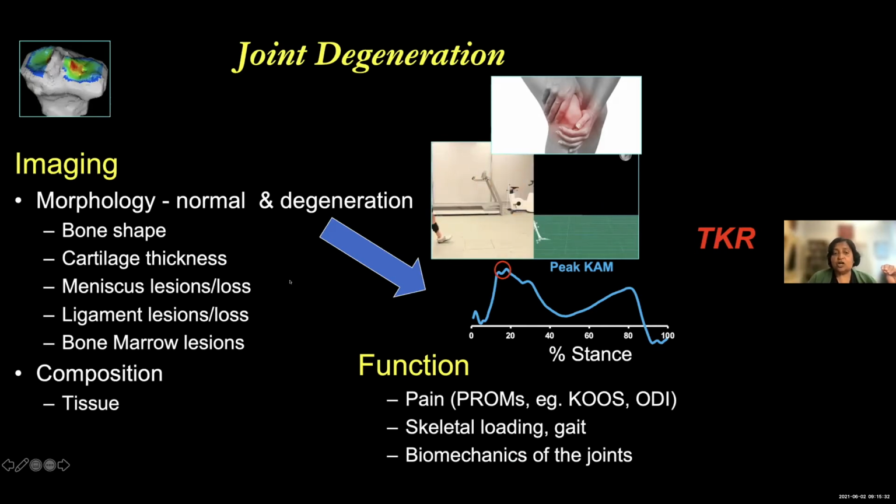Ultimately, osteoarthritis and joint degeneration affect skeletal biomechanics, and patient-reported outcomes are clearly one outcome, but there are also changes in biomechanics and skeletal loading. We are not going to talk about it in this particular talk as much, but these can all be wrapped in using AI. And of course, the ultimate goal is to predict who is going to need a total knee replacement, but to do that much earlier.